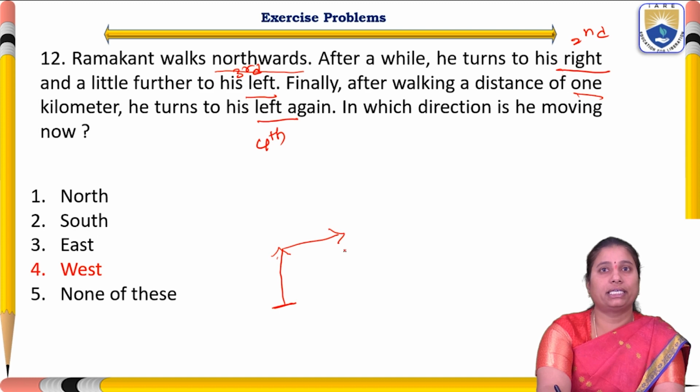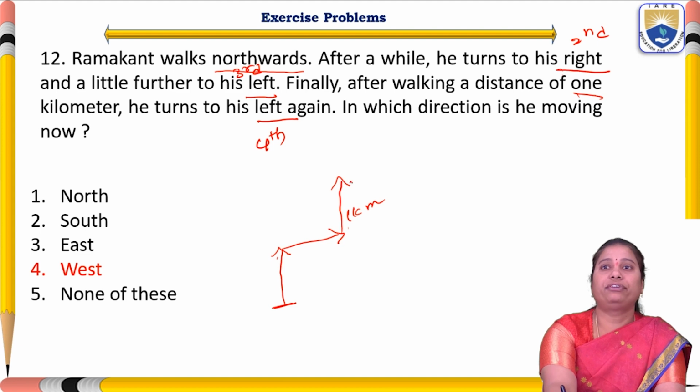Second turning, and a little further to his left. So from east, the next left means north direction, third turn. Finally, after walking a distance of 1 kilometer, he turns to his left. So from north, left means he goes to the west. Now, in which direction is he moving? West.